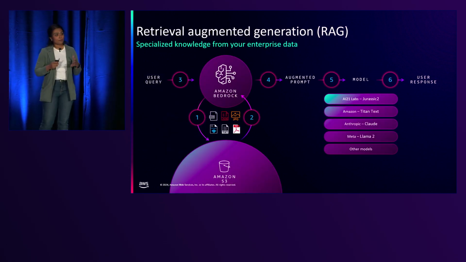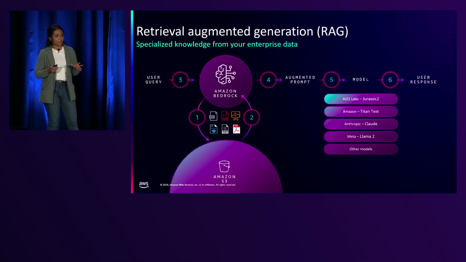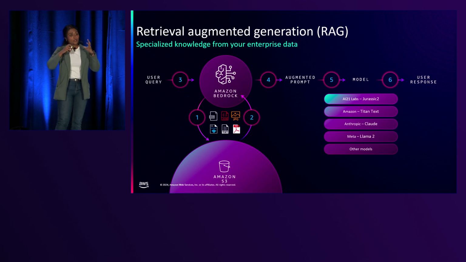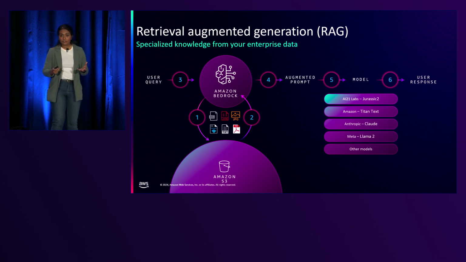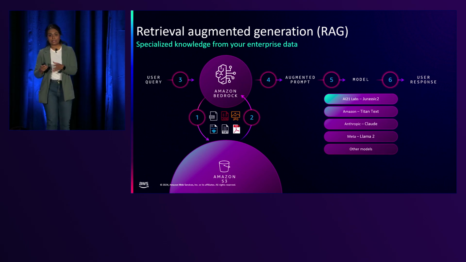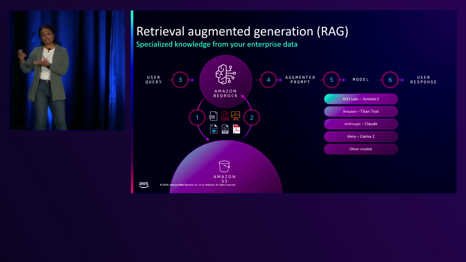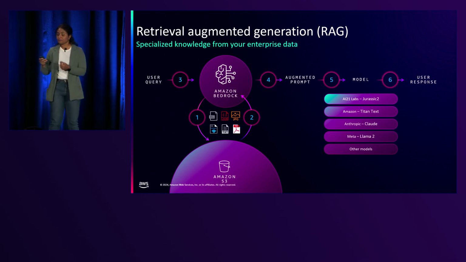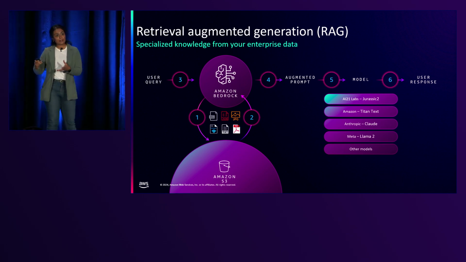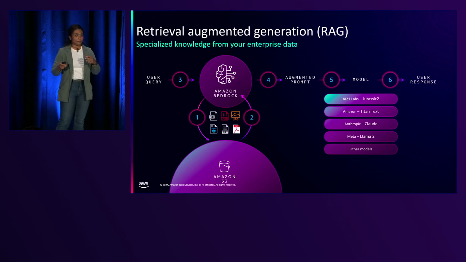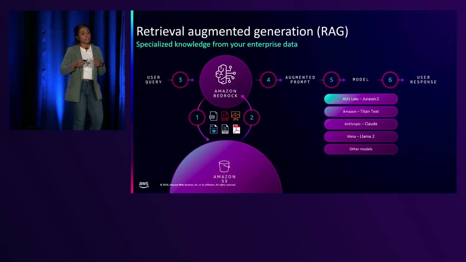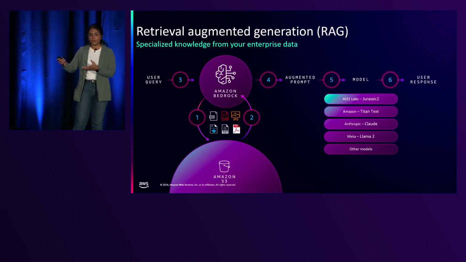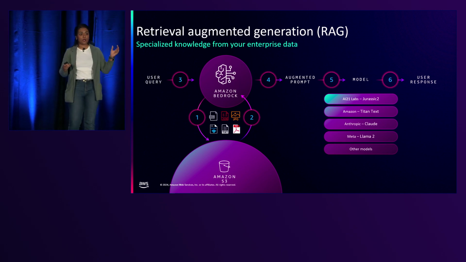Here's what RAG looks like broken down. First step for you is going to be that you're going to want to create a library of information with your organization's data that you want to send to structure the foundation model. Now, you've got that library created, and a user asks a query. Now, you'll send this library to structure the output of the foundation model. This entire exercise is called prompting.